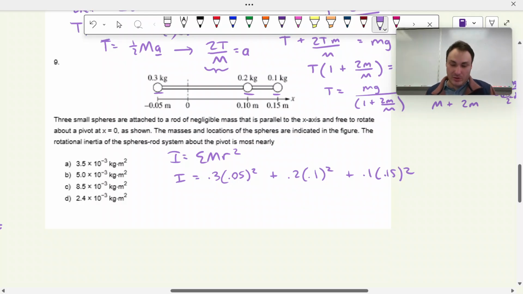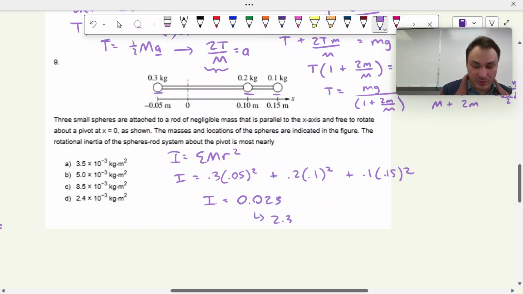Plugging into the calculator should give us the right answer, and we get I is equal to 0.023, which is 2.3 times 10 to the negative second.